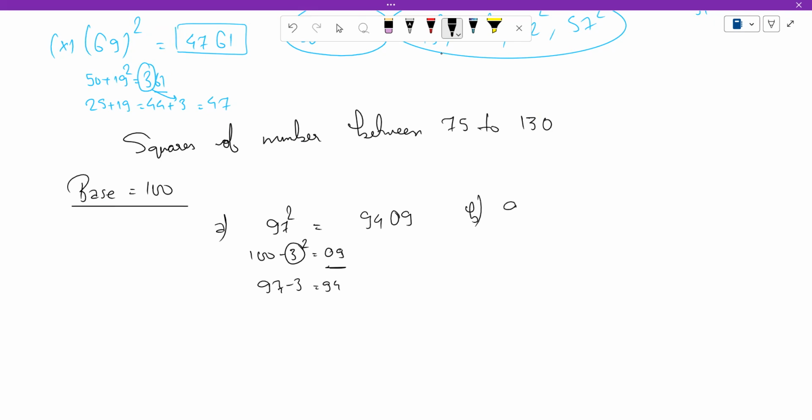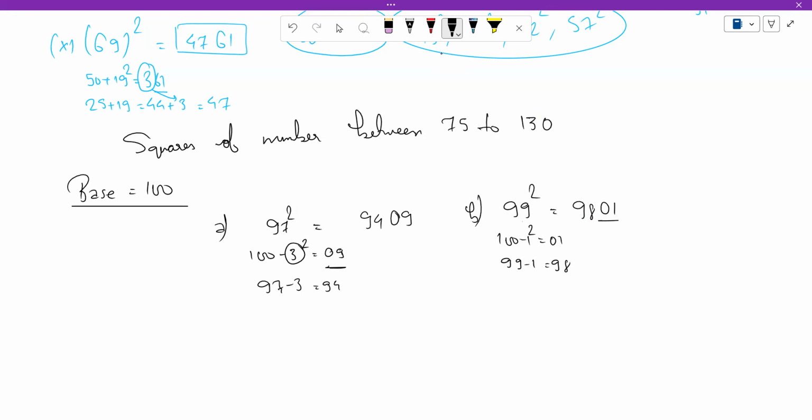If I tell you to find the square of 99, again, it is 1 less than 100. It is 100 minus 1. What is 1 square? 01. So your 01 will be the last two digits. I'll subtract 1 from 99. That is 98. So this will be your answer, 9801.